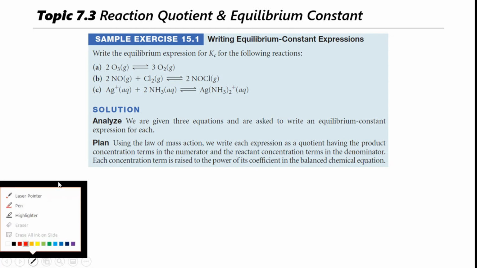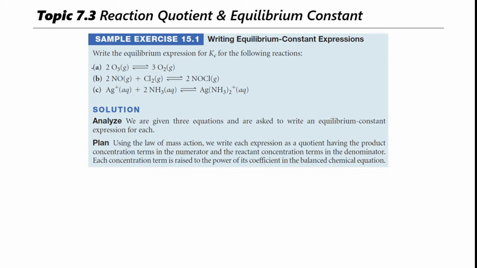If we wanted to write out the expression for this, our K is going to be equal to products over reactants. Okay, in this case, we've got gases on the left, we've got gases on the right. So nothing is stopping us. All our products and reactants are going in here. So my product, reading from left to right, is my O2. So it's going on top. We're being asked for Kcs, not Kps.